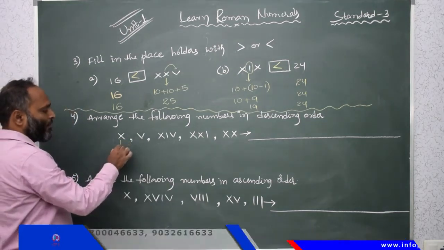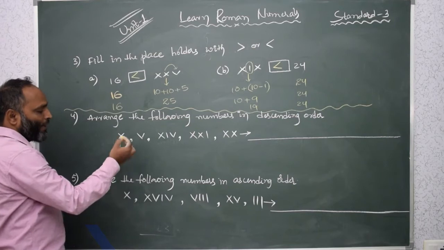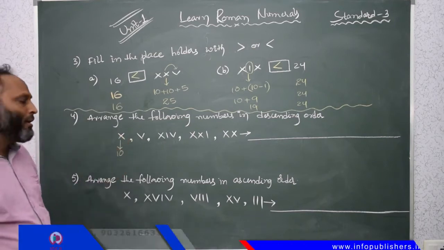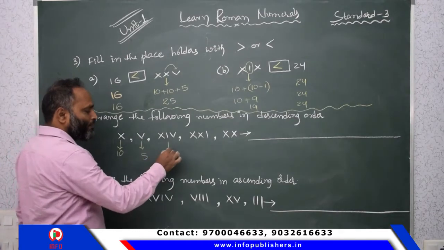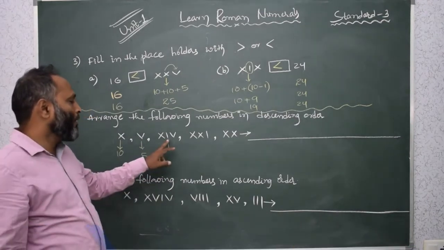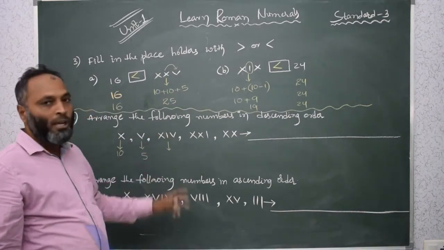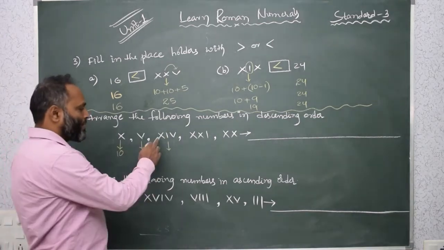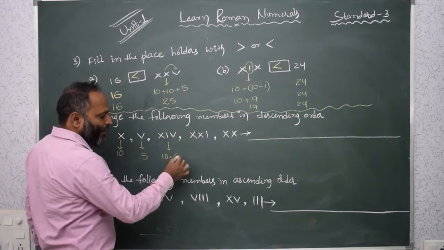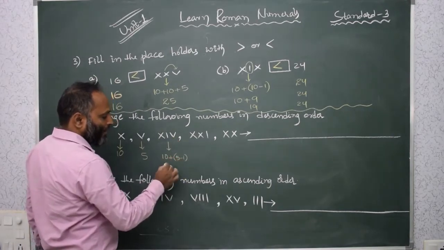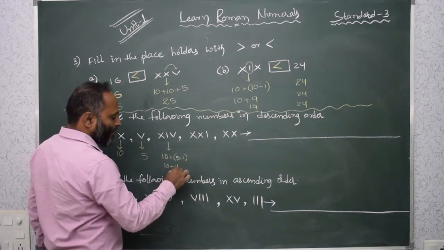This X we already know directly; this is the symbol for 10. V means 5. Here the smaller Roman numeral is in between two bigger Roman numerals, so the first one we take as it is, plus another. This is 5 minus 1, so this is 10 plus 4, which is 14.